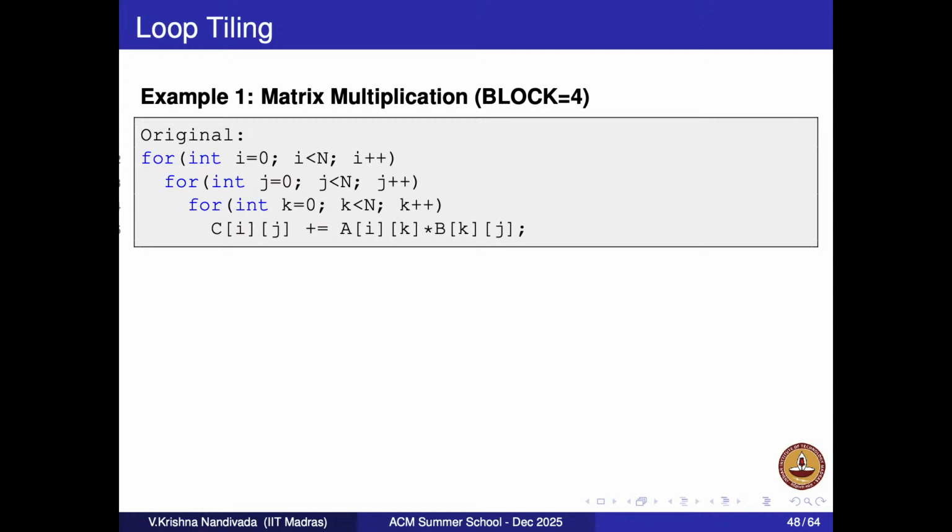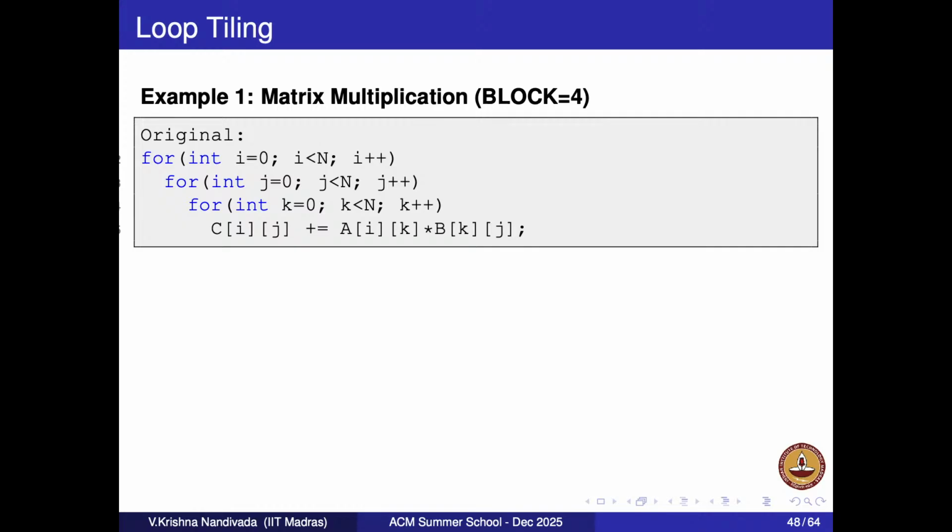What if n is large? My L1 cache may be a few hundreds of kilobytes or a few megabytes sometimes, but yeah, small size. What if my n is so large that 2n minus 1 wouldn't fit in my cache?